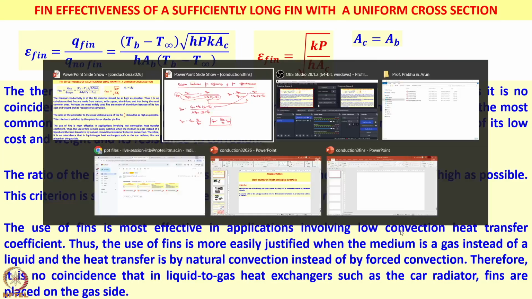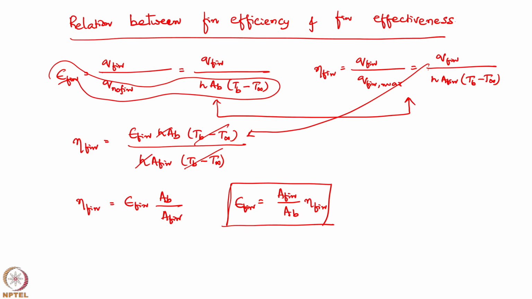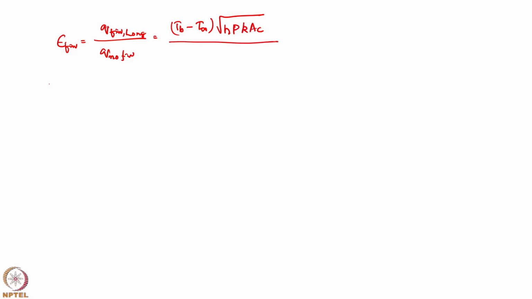Now, the question next is about effectiveness. Fin effectiveness is equal to Q fin divided by Q no fin. If I take an infinitely long fin, Q long fin is Tb minus T infinity into square root of hPkAc, divided by h into Ab into Tb minus T infinity.